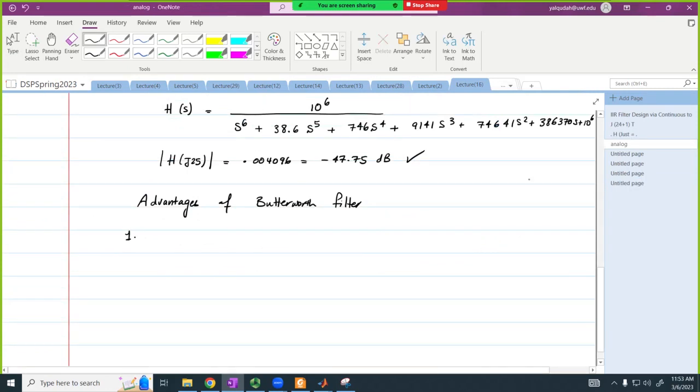Okay, so the first advantage of the Butterworth filter is that it is maximally flat. And what that means, there are no ripples in the pass band or stop band. And the other advantage is it is monotonically decreasing.